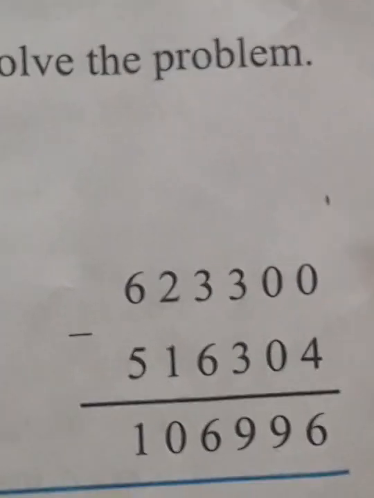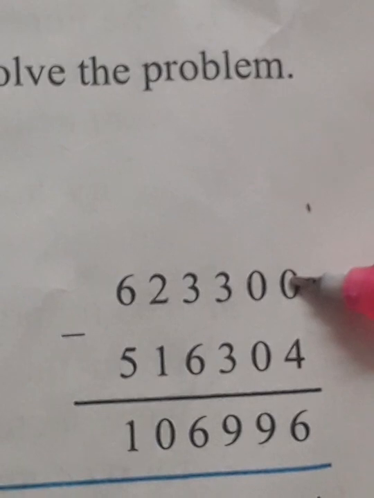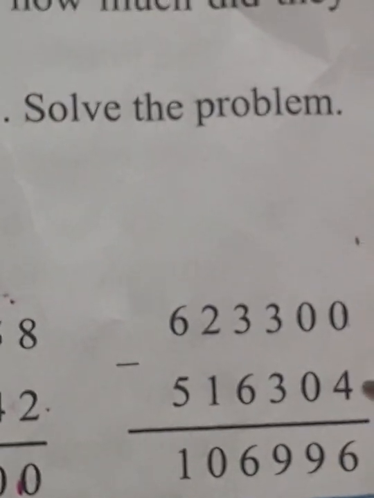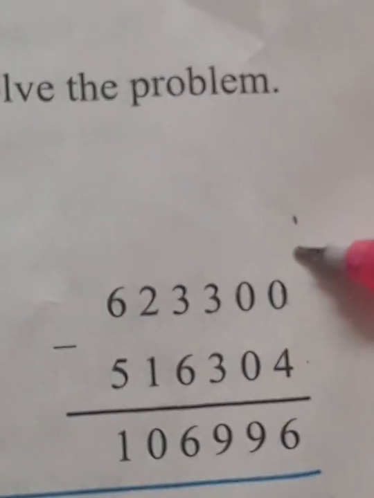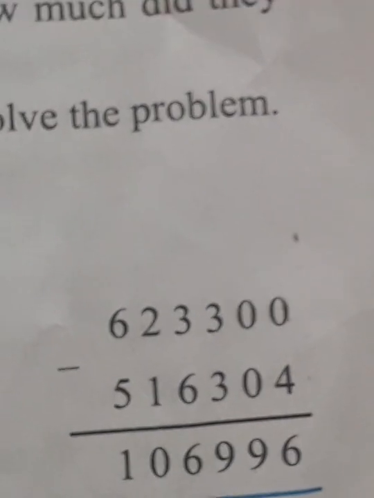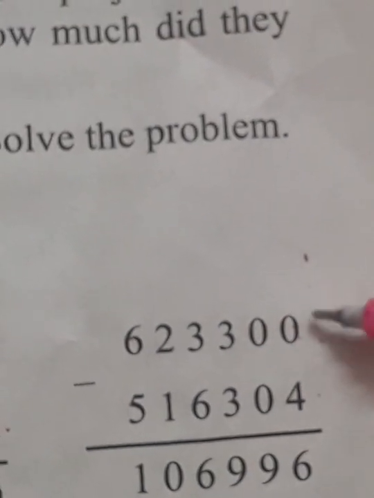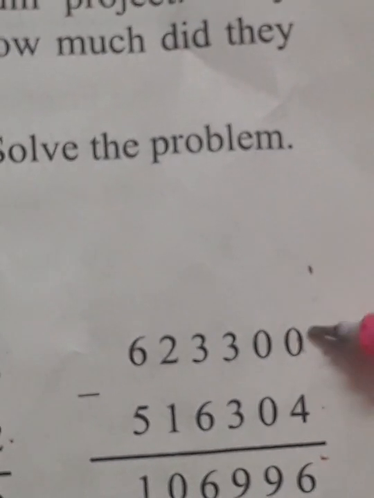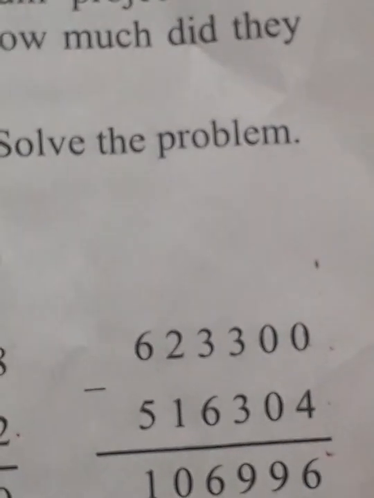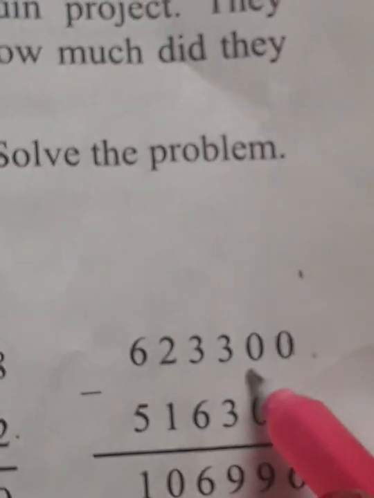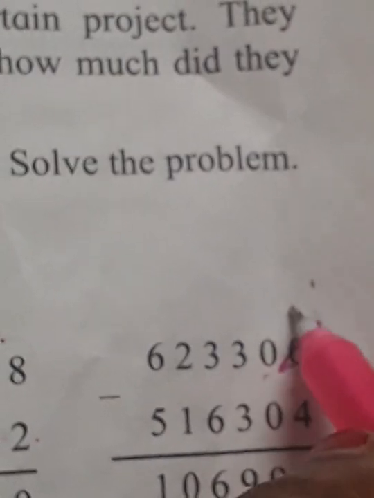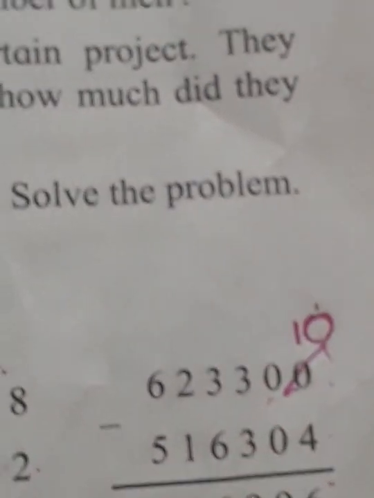Now it is 0 and downside it is 4. We can't subtract 0 minus 4, okay, because 0 is less than 4. So what we'll do? By the another method we will assume this will be 10.